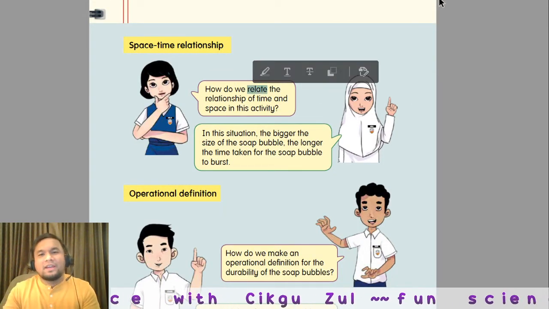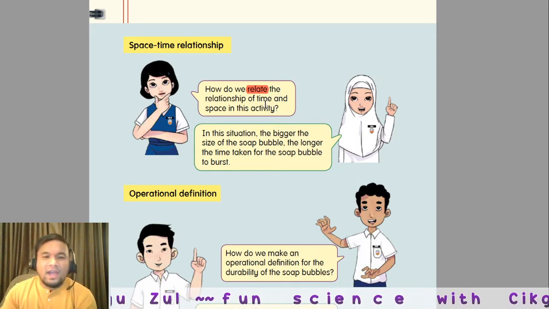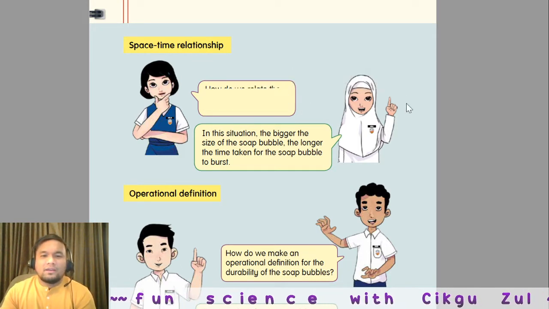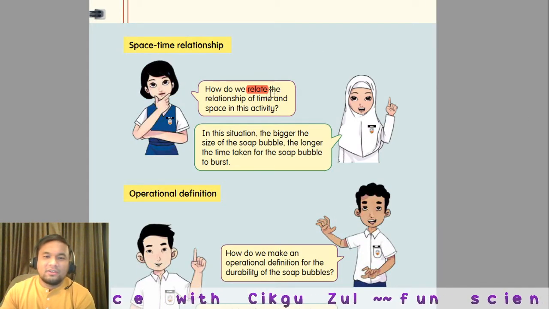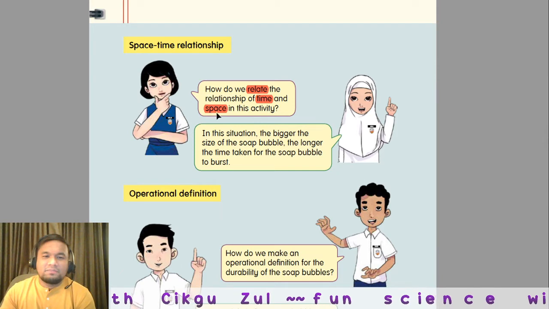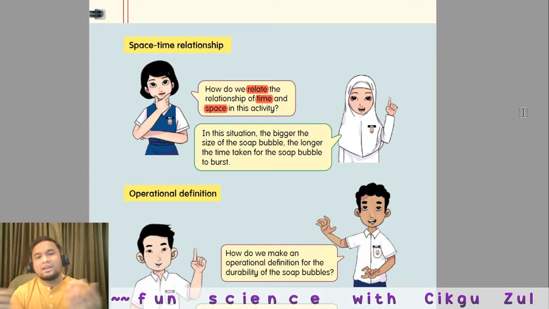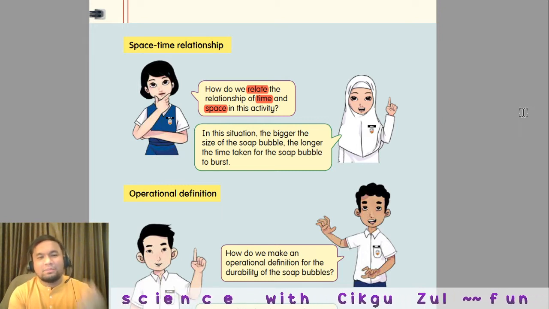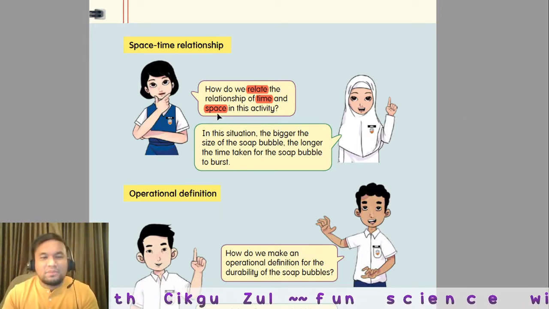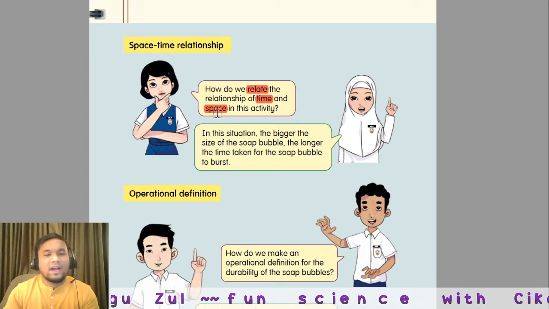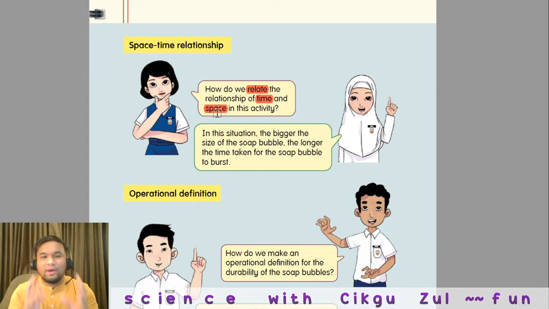How do we relate the relationship of time and space? Okay, ada tak time? Ada. Tadi kita ada ukur masa. Berapa saat? Ada tak space? Space ni ruang. Ada tak ruang? Ada. Size of the bubble.